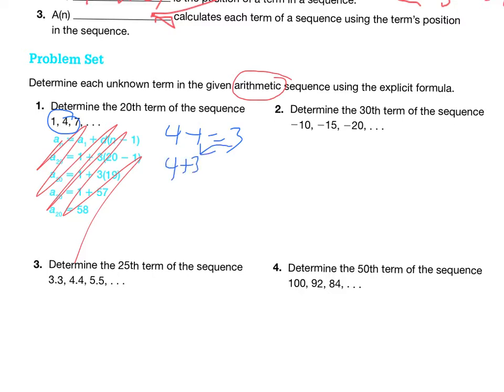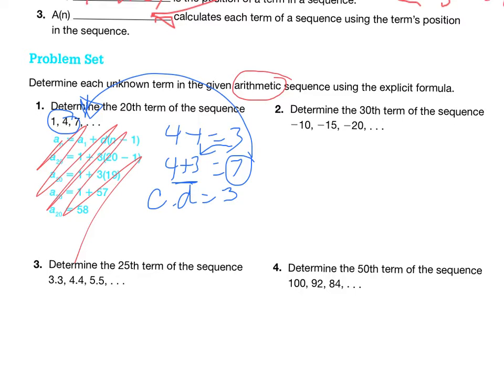So minus the two numbers, 4 and 1, and that gives you your common difference. Then use the common difference, add them together, and if this number is the next number, then you know your common difference is 3. They're both 3. You can also do 7 minus 4. It's also 3.